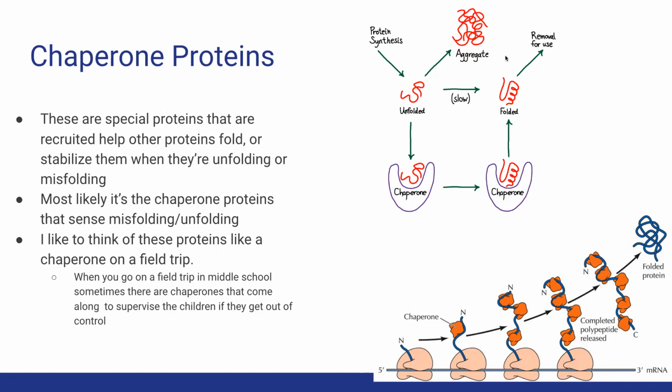I know this chart is a little confusing, but if it's unfolded, you need more chaperone proteins because you want more of them to get refolded. You don't want unfolded proteins to aggregate. Usually chaperone proteins are good about refolding proteins. That's why they get upregulated.